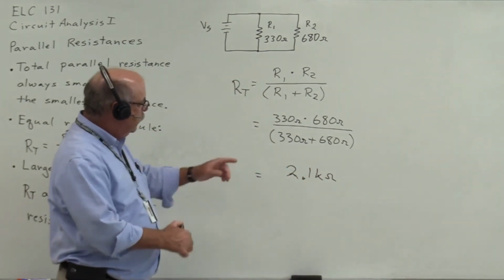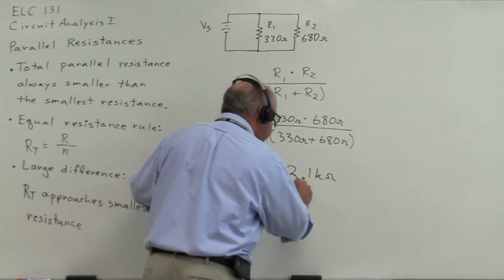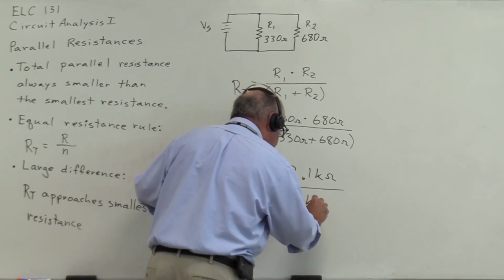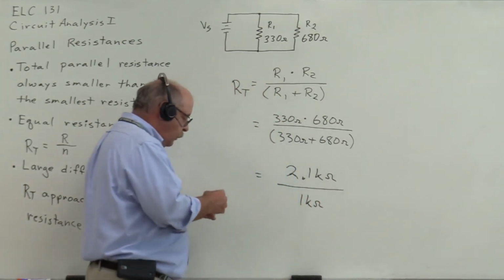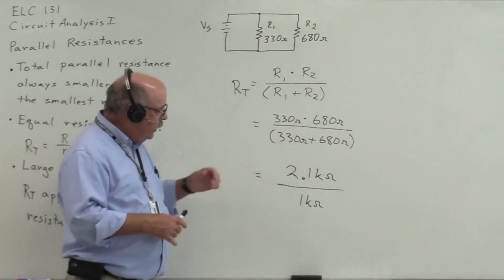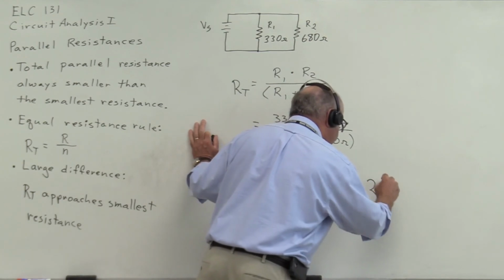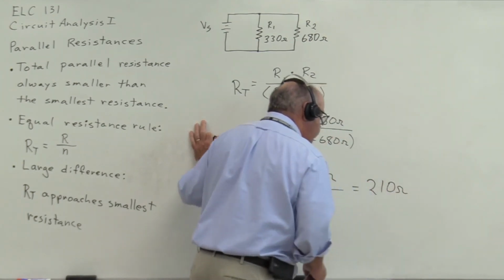And of course, 330 ohms plus 680 ohms is pretty close to 1 kilo ohm. So just by approximating these values, I end up with an approximate value of 210 ohms.